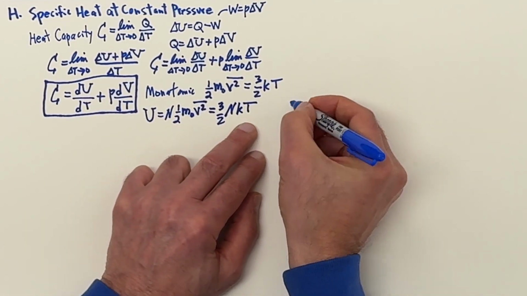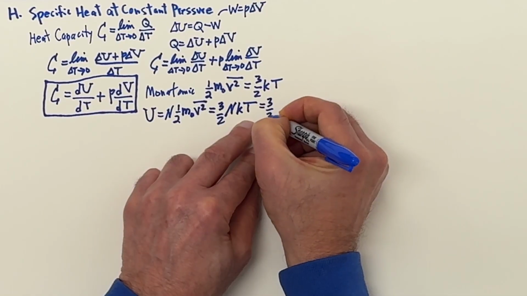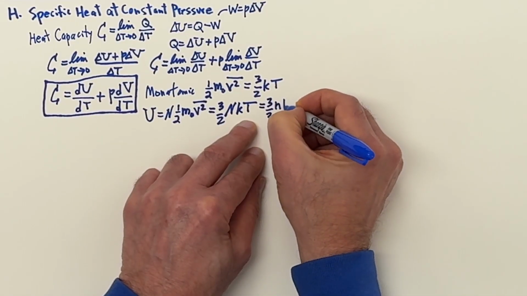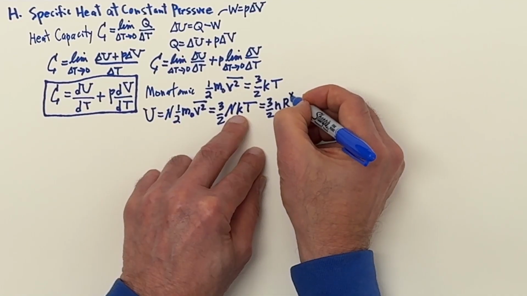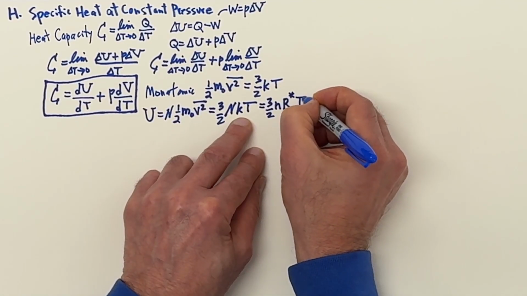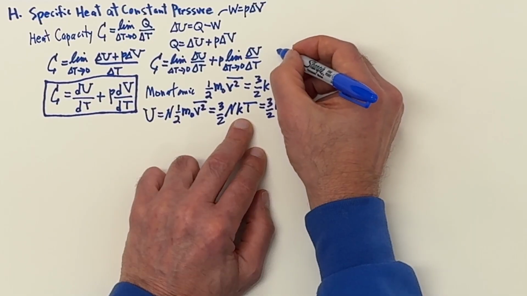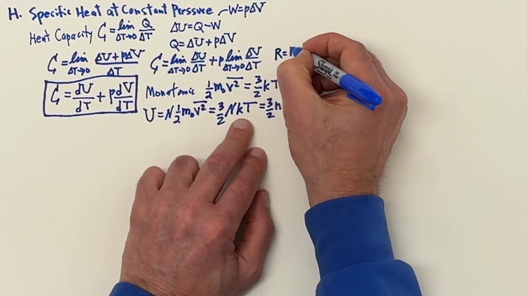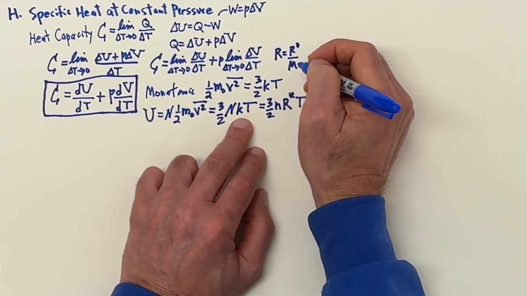And when we go to chemistry and we want to deal with the number of moles, little n, then we have a new gas constant, which is the ideal gas constant, and we call that R star in our class because we reserve R. You might remember that R is equal to R star over the molar mass of the gas.